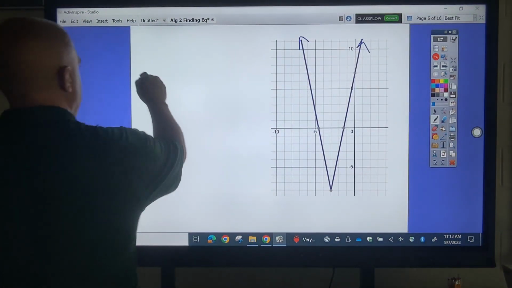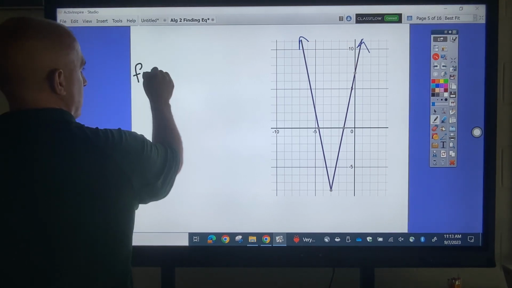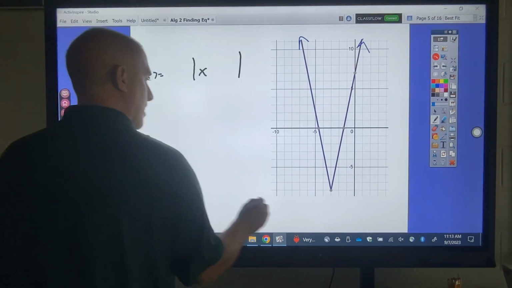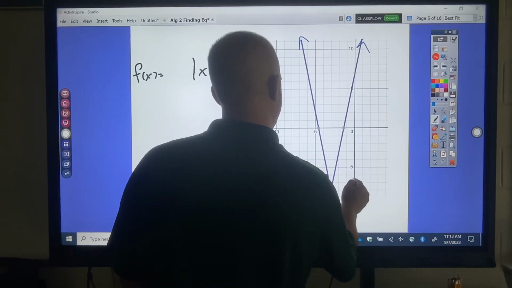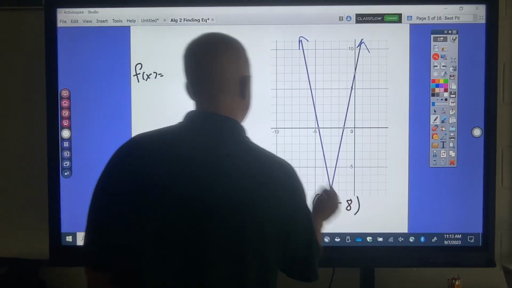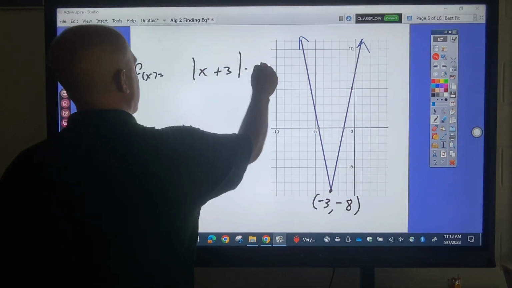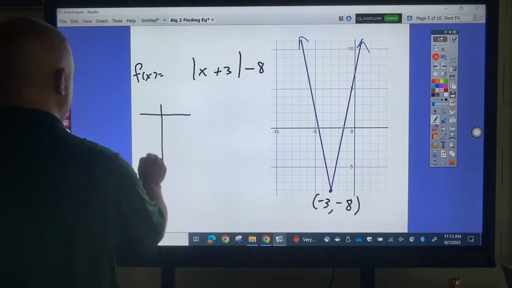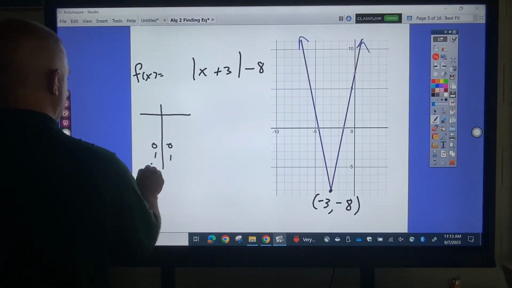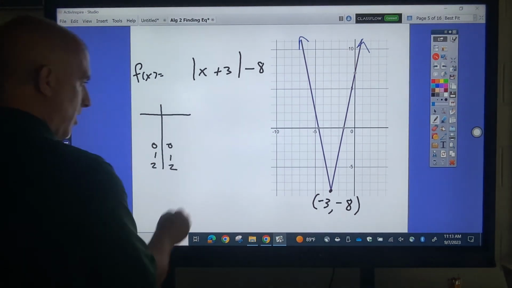This one is obviously an absolute value. This point right here is at -3, 1, 2, 3. That's -8. So inside I put +3, outside I put -8. Now normally in absolute value, I have a 1, 1 relationship.